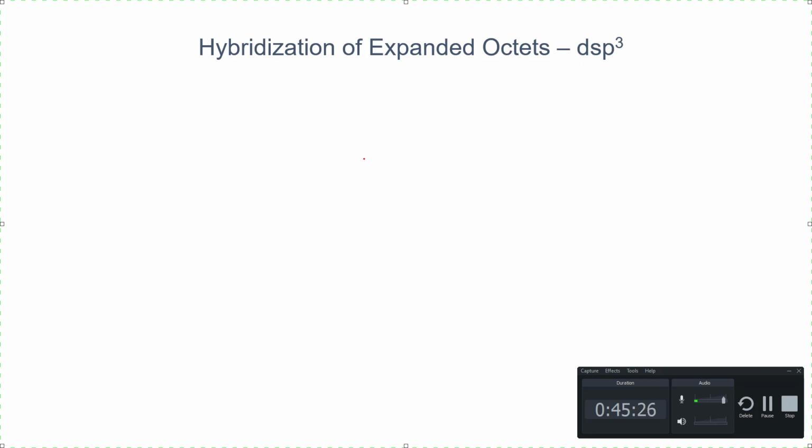Now, expanded octets. In the periodic table, if you are at basically row 3 or lower, you can form an expanded octet. That means you can share 10 to 12 electrons, and you're not bound by the octet rule.